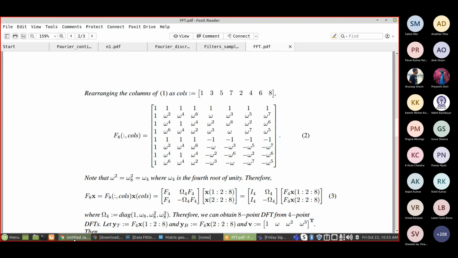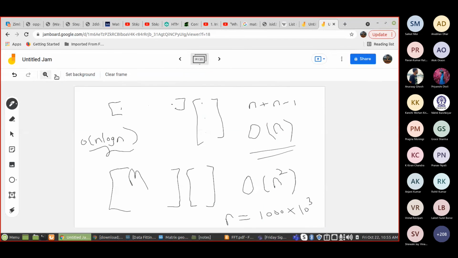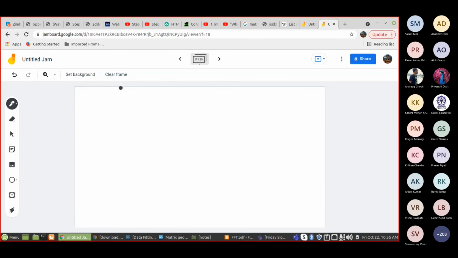Let me erase this. So we have this matrix times vector multiplication. What I'm going to do is insert a permutation matrix in here.